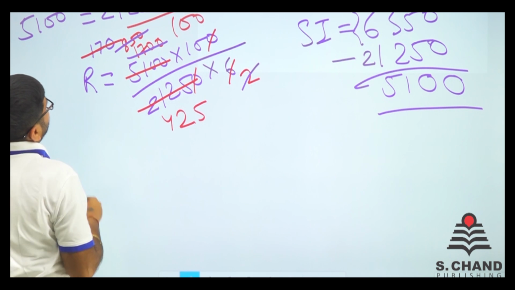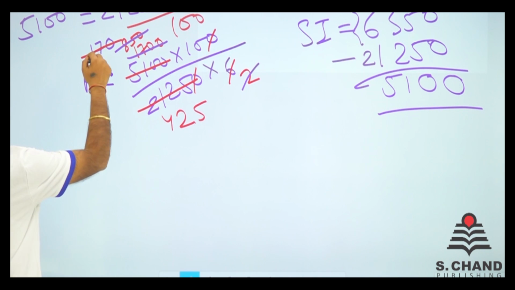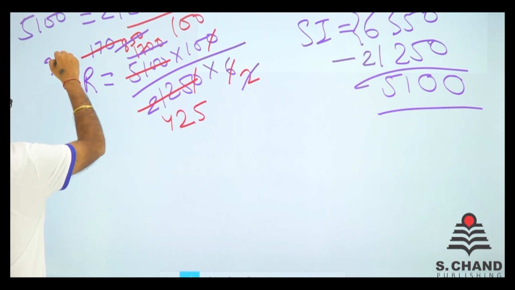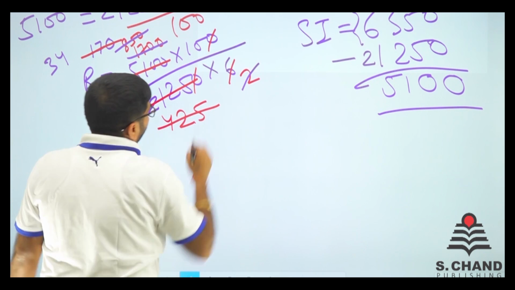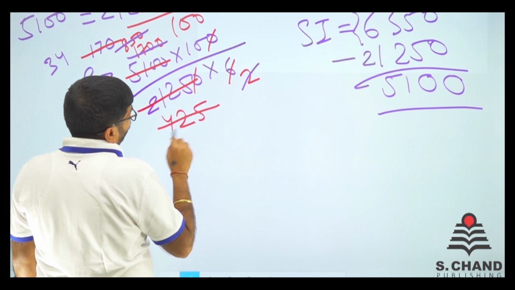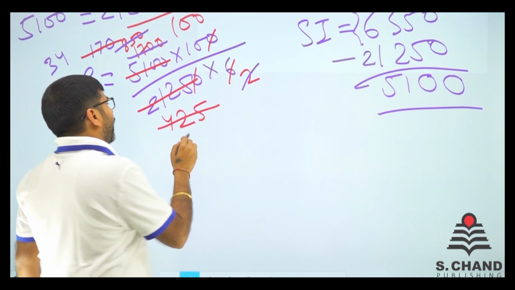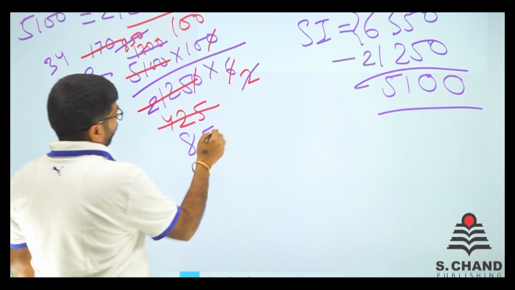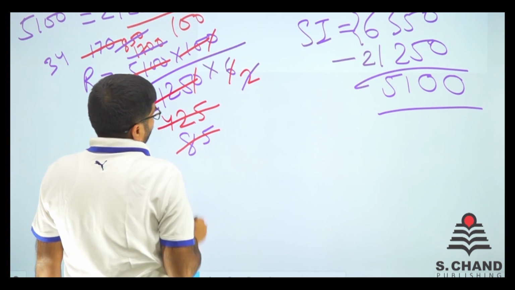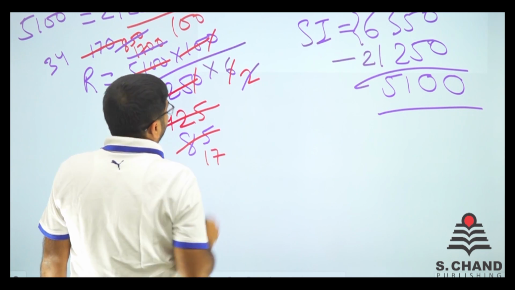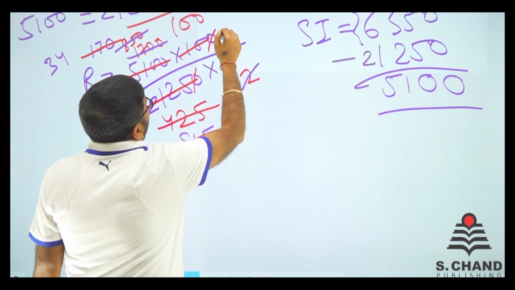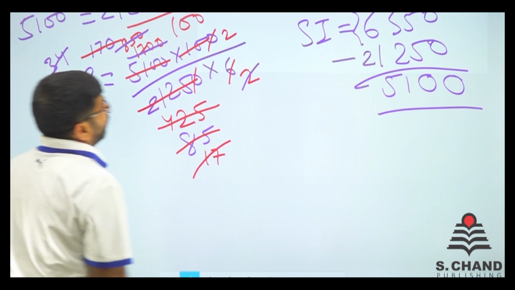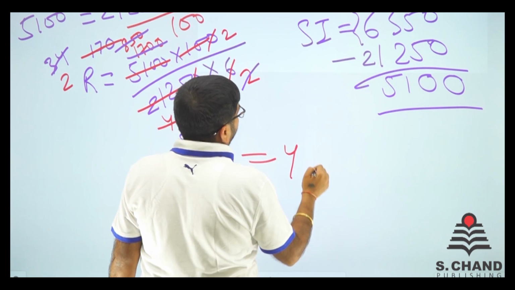When you divide 170 by 5, 34. So we divide by 5 again: 85 by 5 is 17, and 17 into 2 is 34, so the rate of interest is 4% per annum.